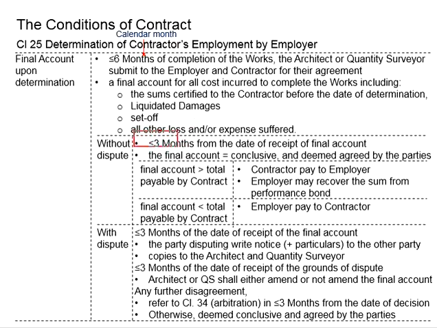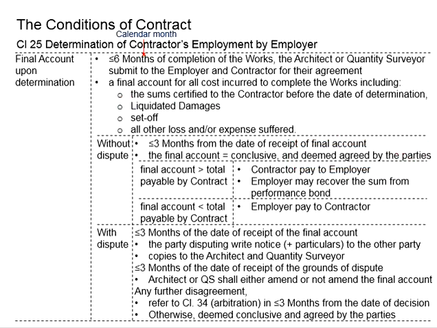If there is any disagreement between the employer and the contractor, the disputing party will have to raise the dispute, and if both sides are silent, then the final account is considered conclusive, as both parties are deemed to agree with the final account.